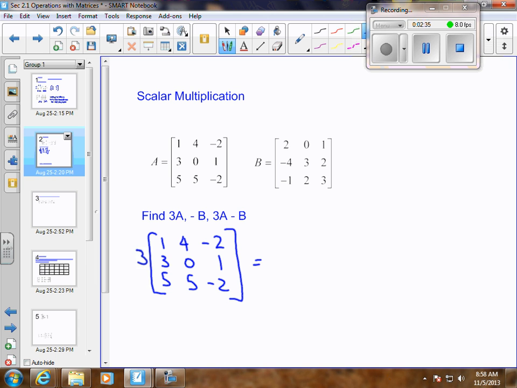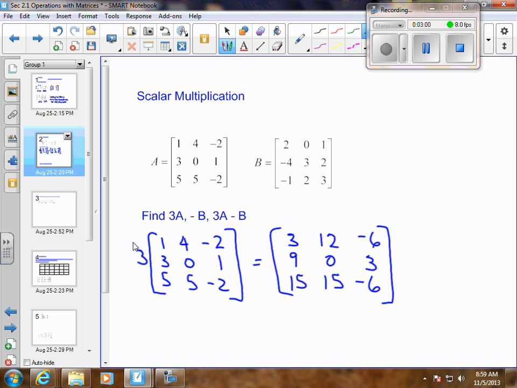And that would give us the matrix with the same dimensions, 3 times 1, 3 times 4, 3 times -2, 3 times 3, 3 times 0, 3 times 1, 3 times 5, 3 times 5 again, and 3 times -2. So that's the matrix 3 times A.